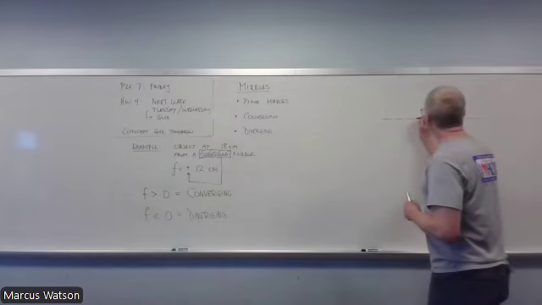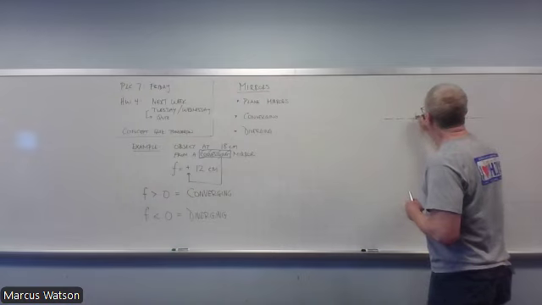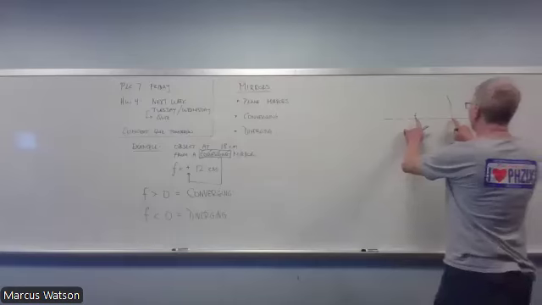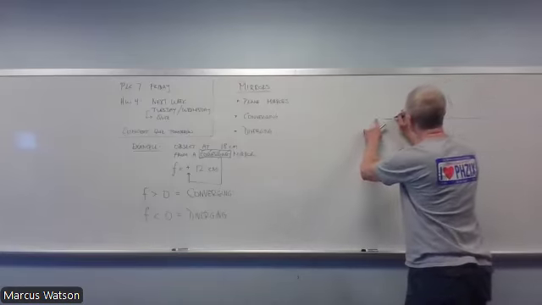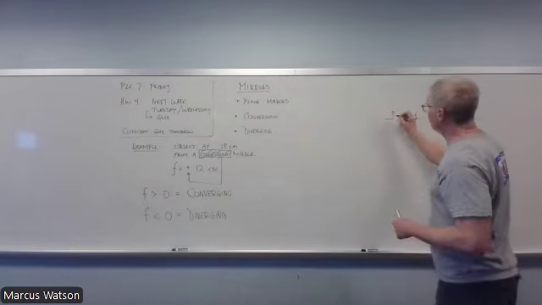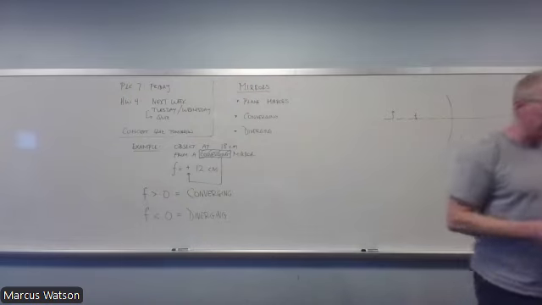So if I say that's my F, then I need twice that to get to the center point, and halfway, let's say that my object is somewhere about here. That will be my distance P.